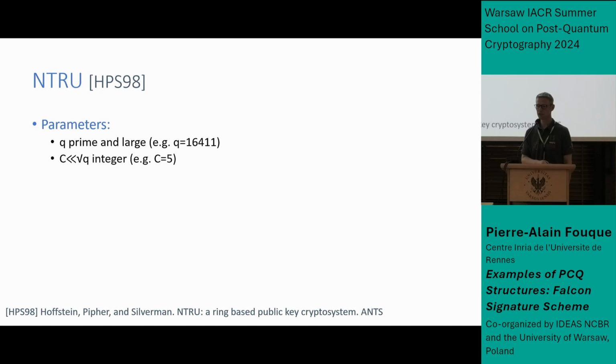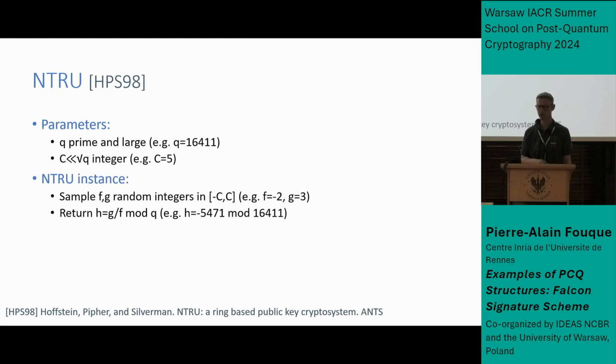Okay, so this is the NTRU scheme that was proposed by Hoffstein, Pipher, and Silverman. It uses two very small parameters: some value Q that is prime, not too large, and also some constant that is a bound on some values that you will generate.